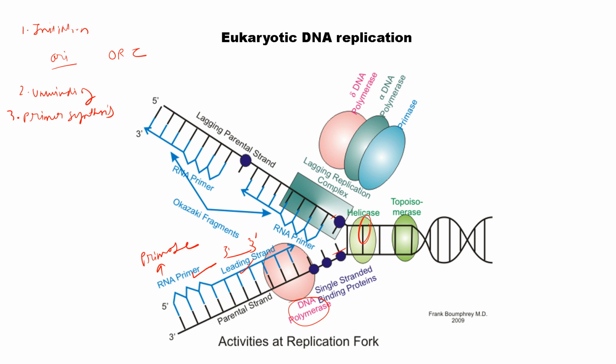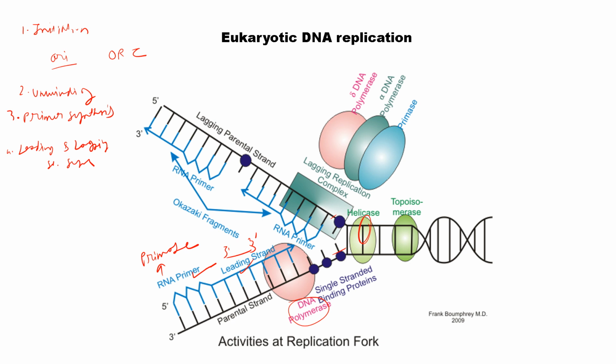repair polymerases. Then the next step is the leading and lagging strand synthesis. DNA replication is semi-conservative, as we already know, meaning each parental strand serves as a template for synthesis of a new complementary strand.